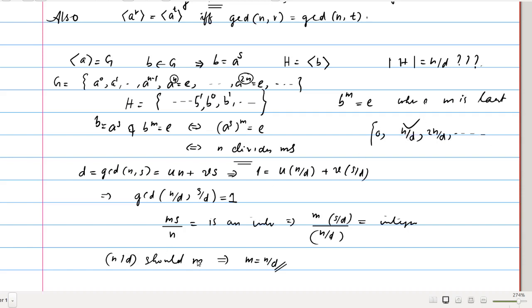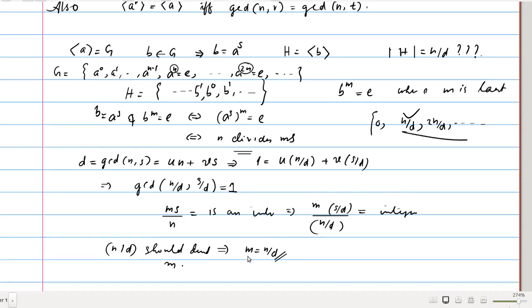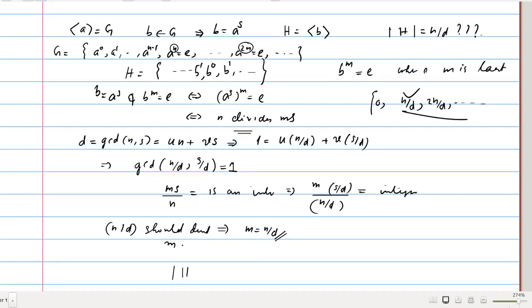So n by d should divide m, that means m is the smallest positive multiple of n by d. From this we can say that m is equal to n by d. So that means the cardinality of H is equal to n by d.